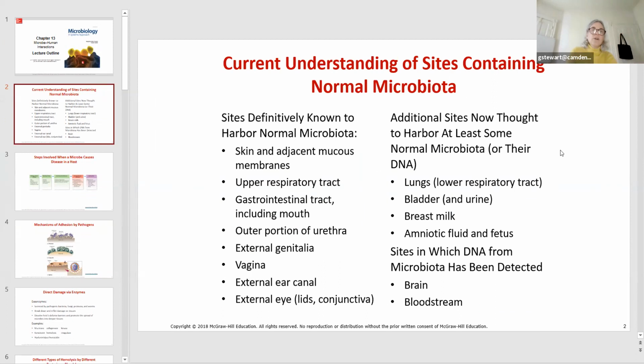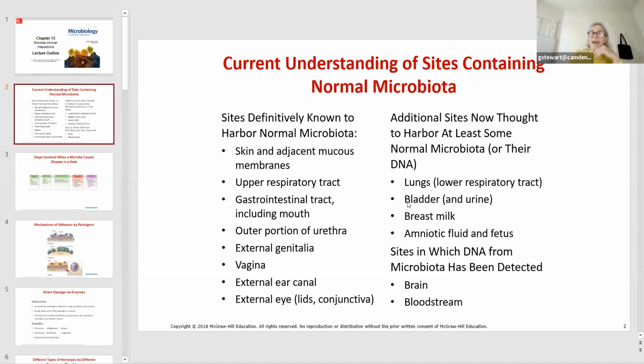So the current understanding of where there are sites, and this is limited to humans probably, where they contain normal microbiota. And what I want you to note here is that, of course, the respiratory tract, digestive tract, reproductive area, the ear canal, and your eyes and your eyelids, of course, could harbor microbes. But these are some new areas that we used to say were sterile or did not have any microbiota.